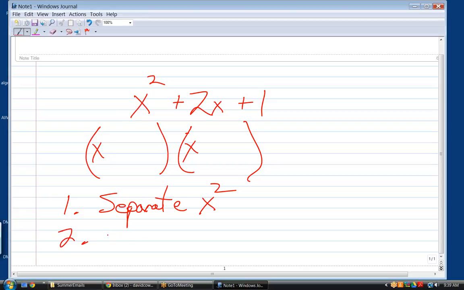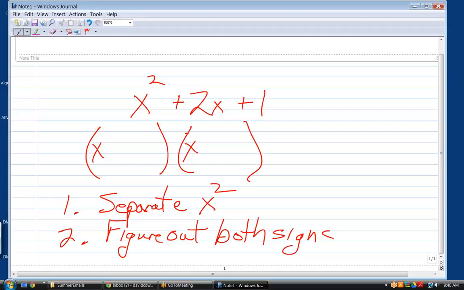Second, figure out both signs. And this is the one everybody wants to skip, and that's why they have problems. Both signs. What are both signs? They have to be based on the fact that that is a plus.